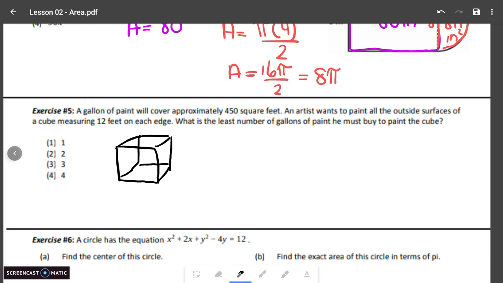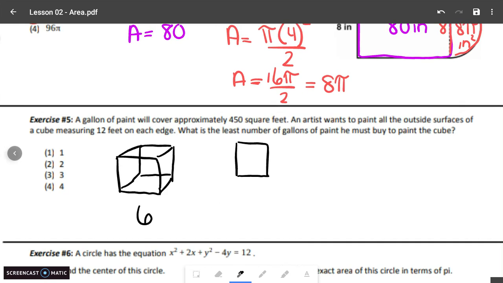Okay, so in a cube, we have 6 sides that would have to be covered, but each of them have a square face. And since it told me that each edge is 12 feet, first off, to get the area of that, we'd have 12 times 12.